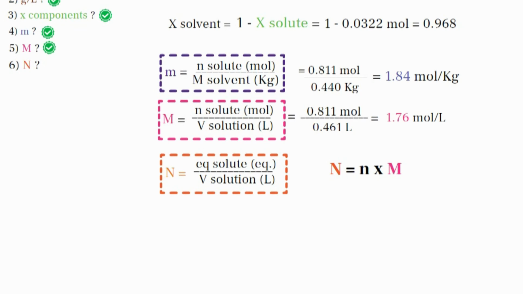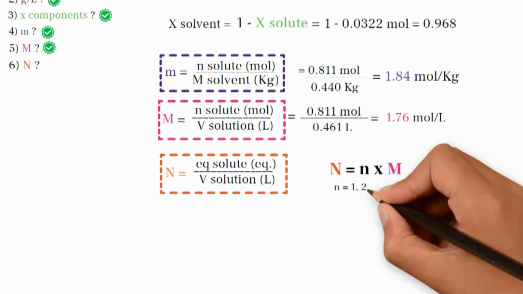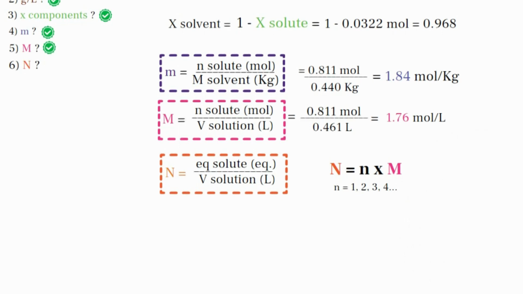And n is an integer, which can be 1, 2, 3, 4, and whatever. So the only problem to find normality, since we already have molarity, is to find this n. As I have already said many times during this run of problems, this n is linked to the chemical equations about what the solute is doing in solution.